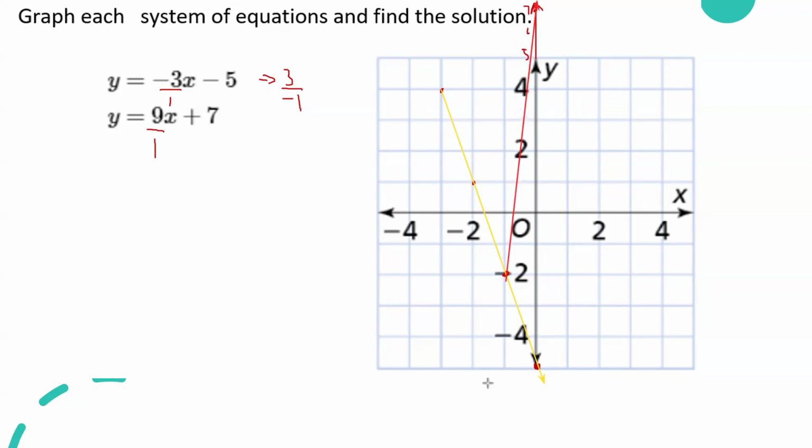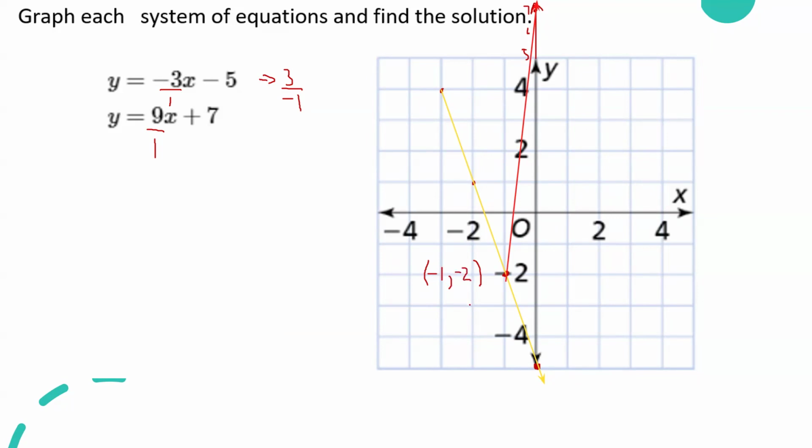All right, so that is my graph. If you notice, the point where they cross each other is my solution. So I have one solution to this system, which is when x is -1, y is -2.